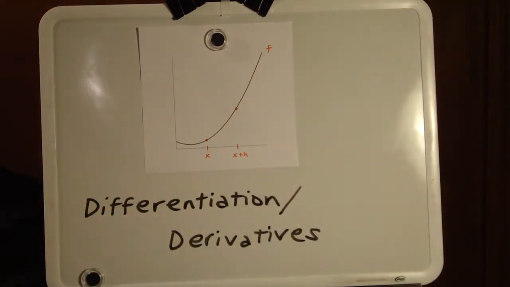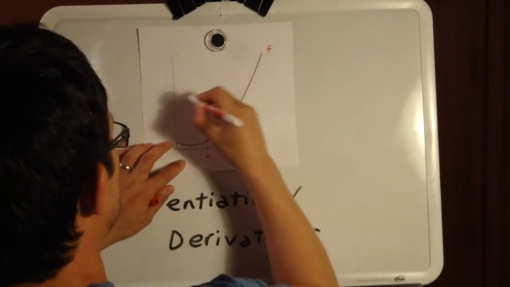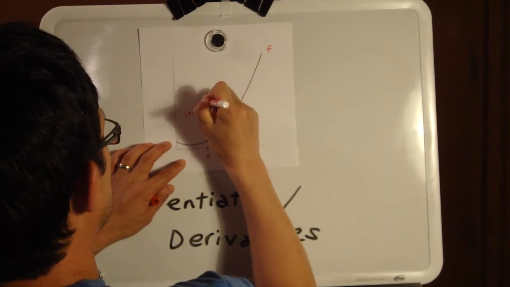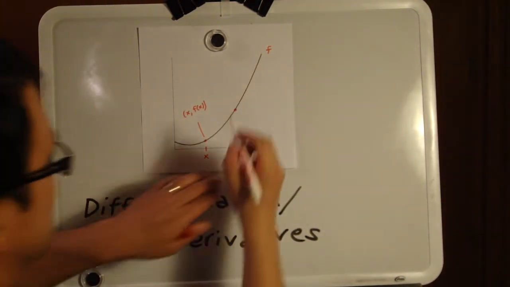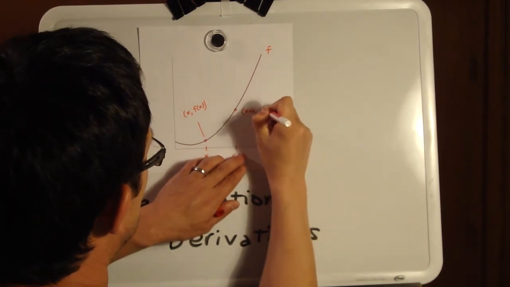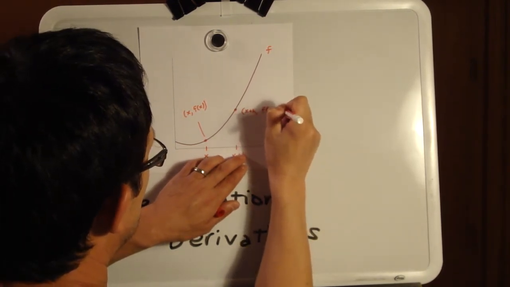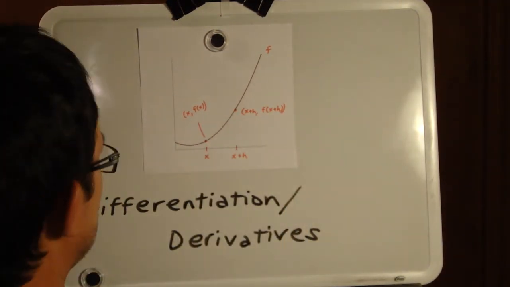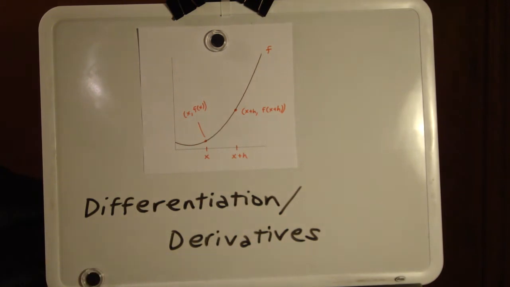Just like our earlier position example, I'm going to label these x and y. So you can see x and f of x, and the same thing here: x plus h, and then we input x plus h into the function f.